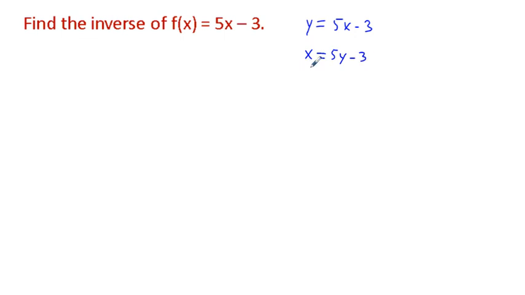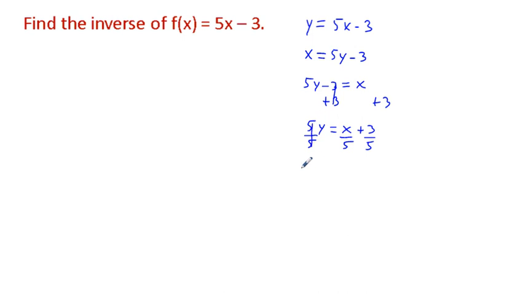Third step is going to be solving for y. So I'm going to take 5y minus 3 and put that over on the left side and set that equal to x. And then we're just going to solve for y plus 3. So we have 5y equals x plus 3. Then we're going to divide both sides of this equation by 5.